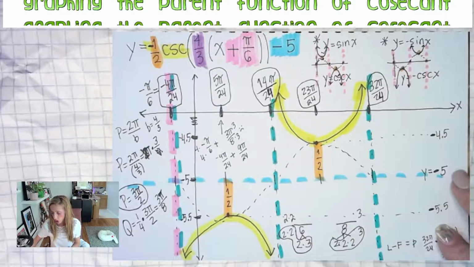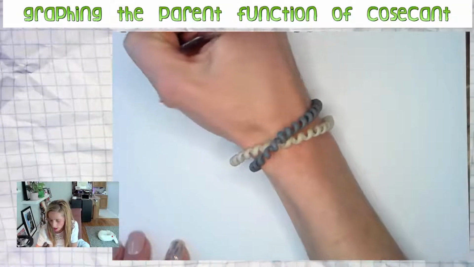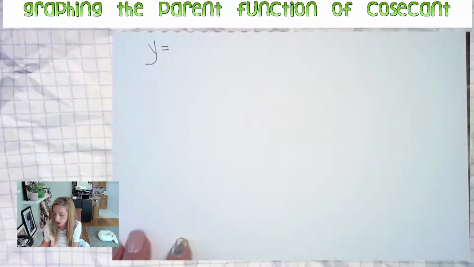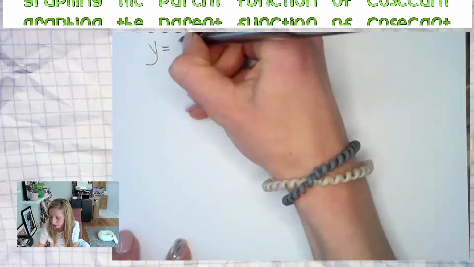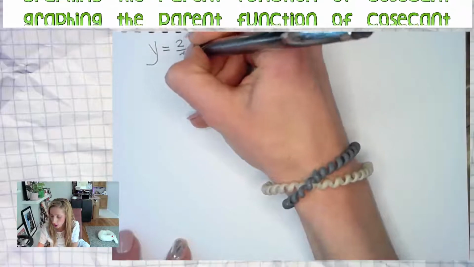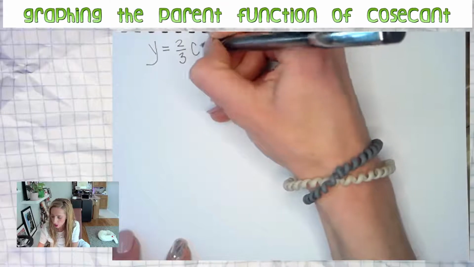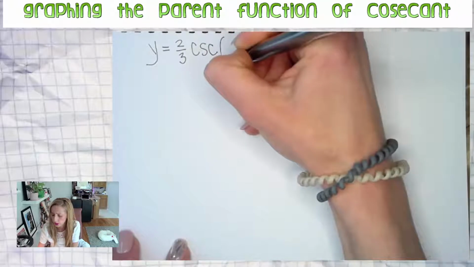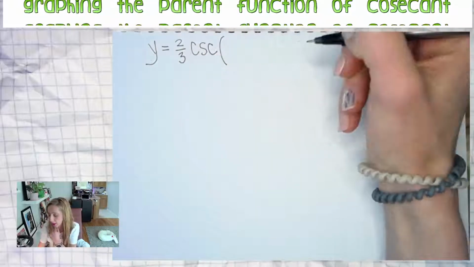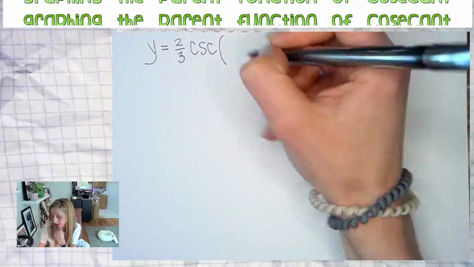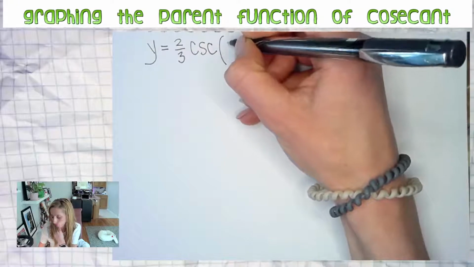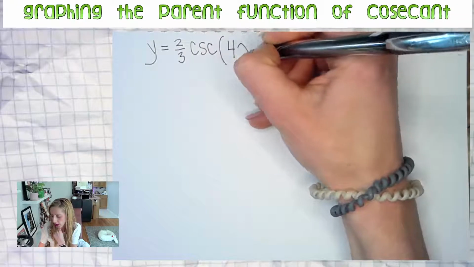And before you go, let's give you one to do on your own. And this will be your assignment to try to show yourself that you know what you're doing. Let's spice it up a little bit. 2/3 cosecant. Ooh, I have a fun idea, but I'm a little scared. Let's do 4x.